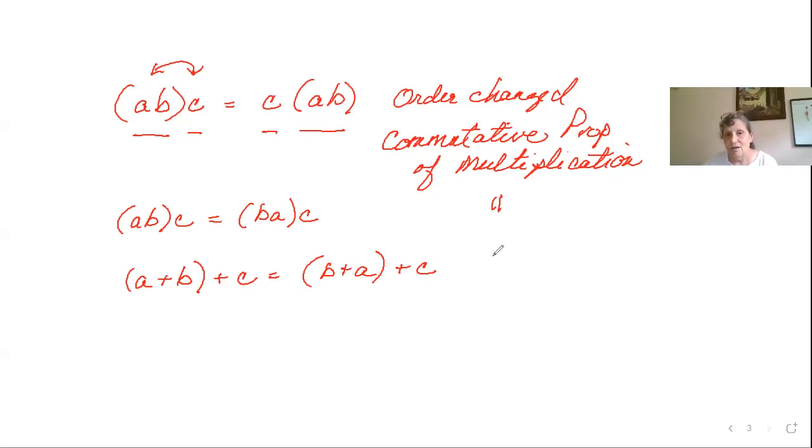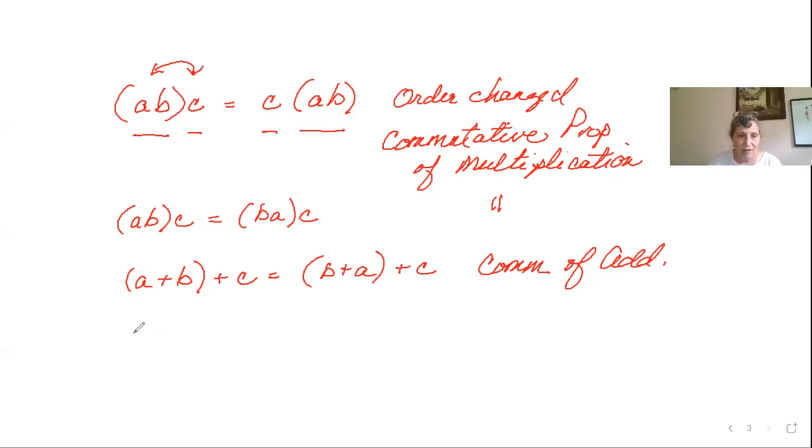Order changed. Again, this is the commutative property of addition. So they can get sneaky and make it look like it's one when it's actually the other. Now, if there's only two things, it can't be the associative property.